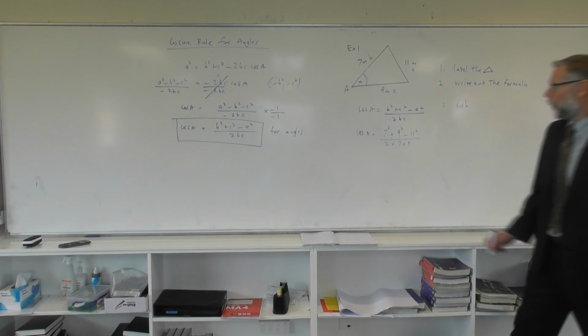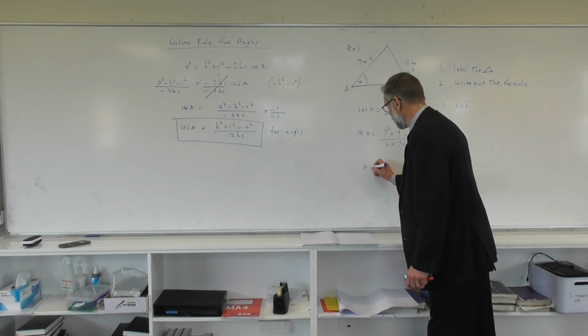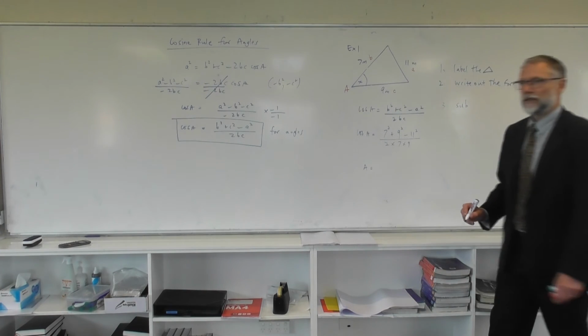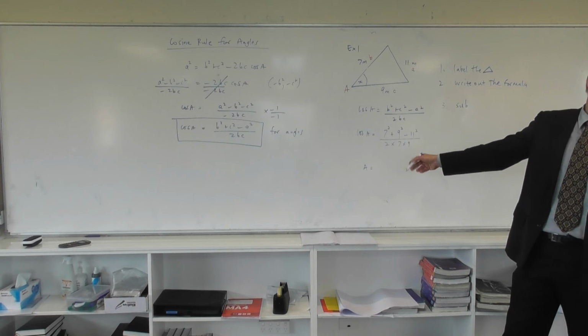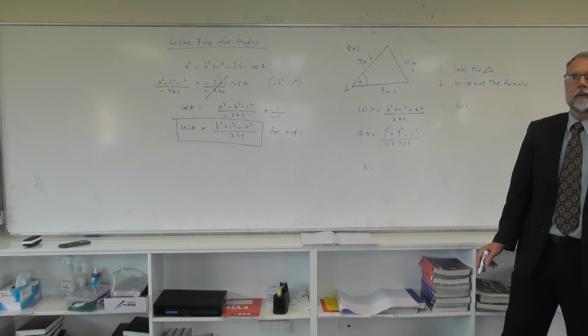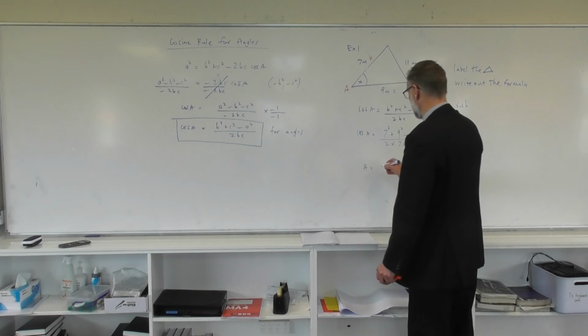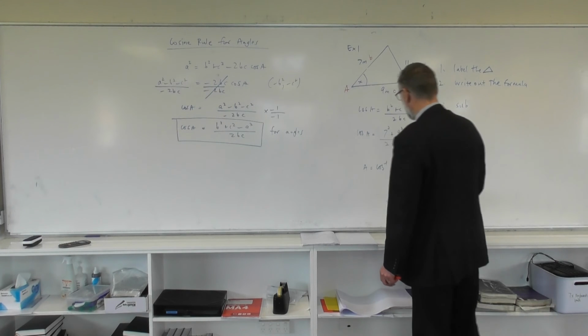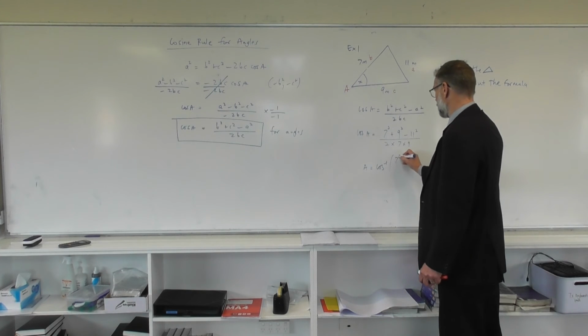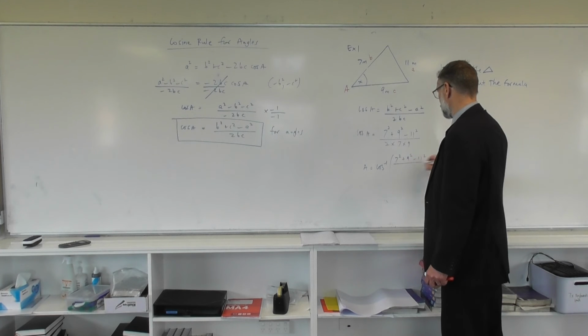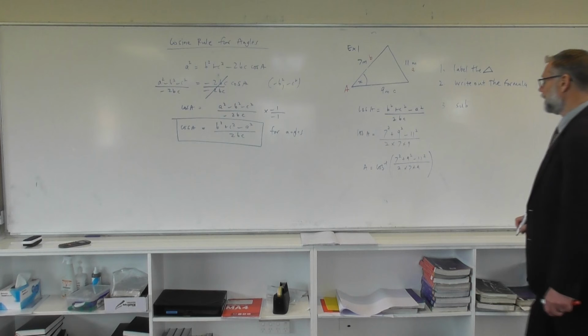Or, this is what I prefer to do because I'm lazy, this saves one extra step on the calculator. Remember, we're going to do the inverse cosine of the answer that we got, but rather than mucking around with that, I can put the whole thing on my calculator. So 7 squared plus 9 squared minus 11 squared over 2 times 7 times 9.